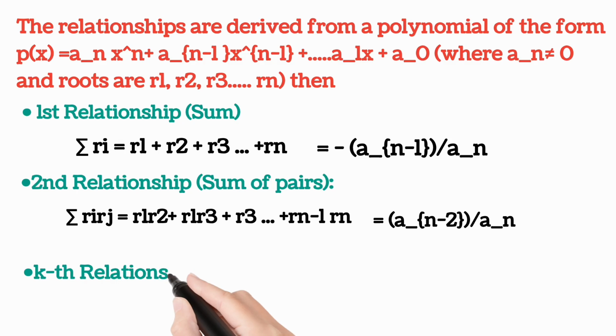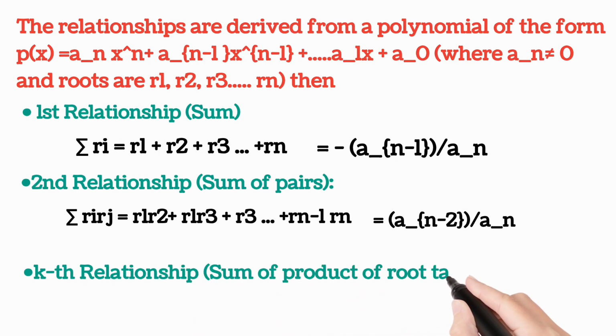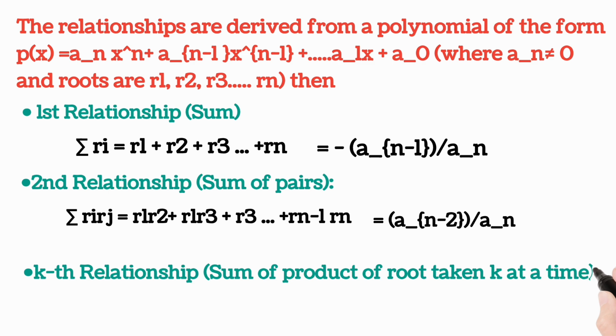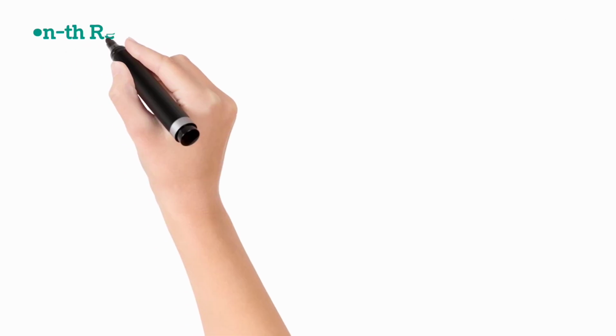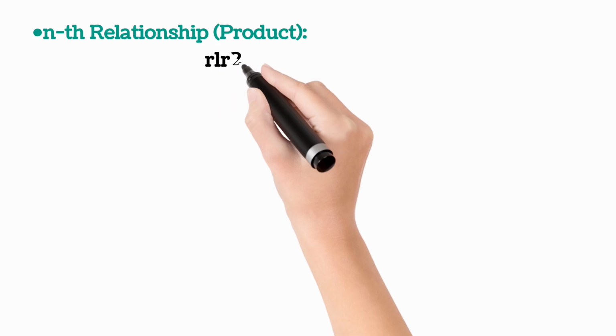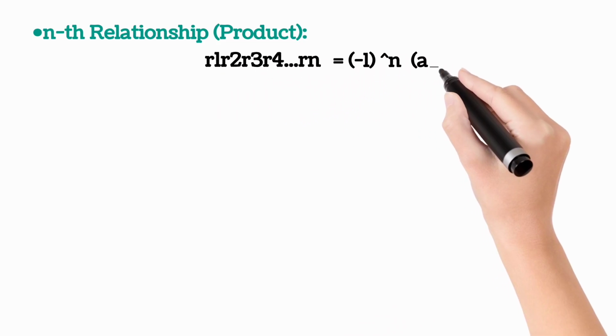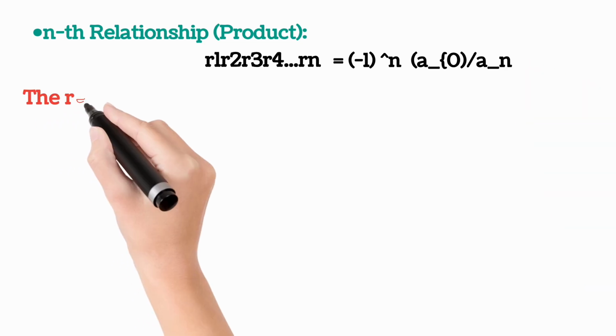Now the kth relationship, sum of products of roots taking k at a time, is equal to minus 1 to the power k into the coefficient of the n minus k term divided by an. The nth relationship, product r1 r2 r3 up to rn, is equal to minus 1 to the power n into a naught divided by an.